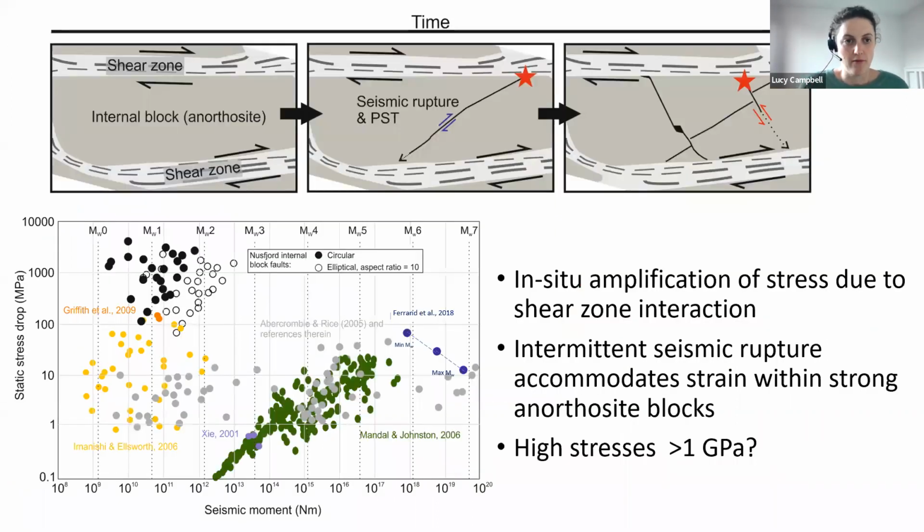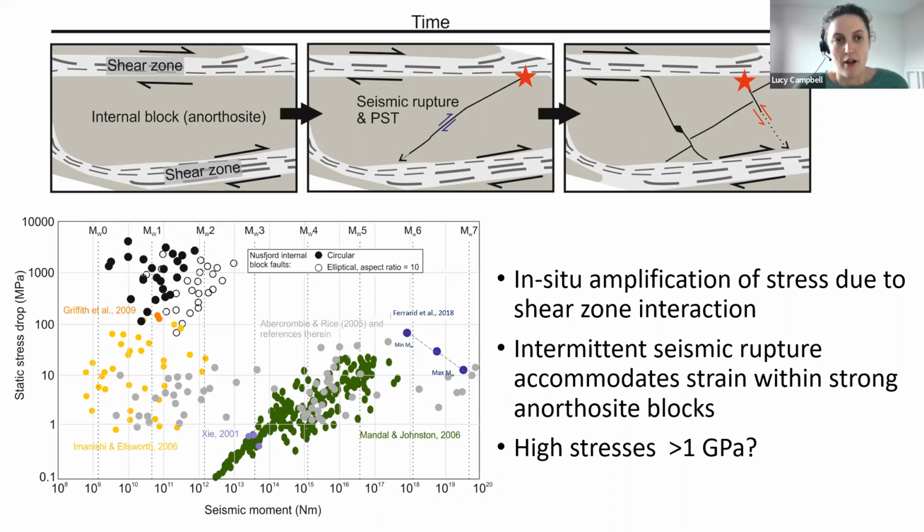So the model really is that as the regional shear zone is active and all those shear zone strands are viscously creeping at various rates, the internal blocks between them remain strong, but we're going to get a heterogeneous stress field in these blocks, and stress is going to accumulate at certain points based on the variable geometry of those intersecting shear zones and creep rates and so on.